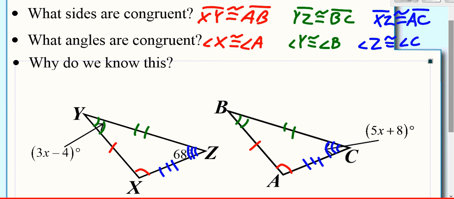And then why do we know all of that? The triangles were congruent, which means all their corresponding parts are congruent, which we abbreviate CPCTC.